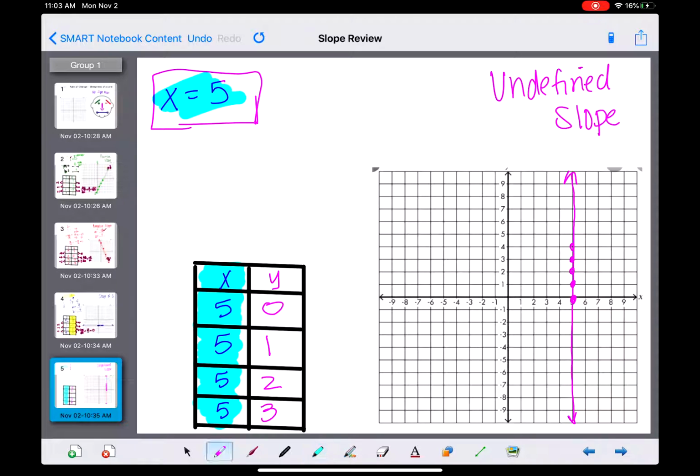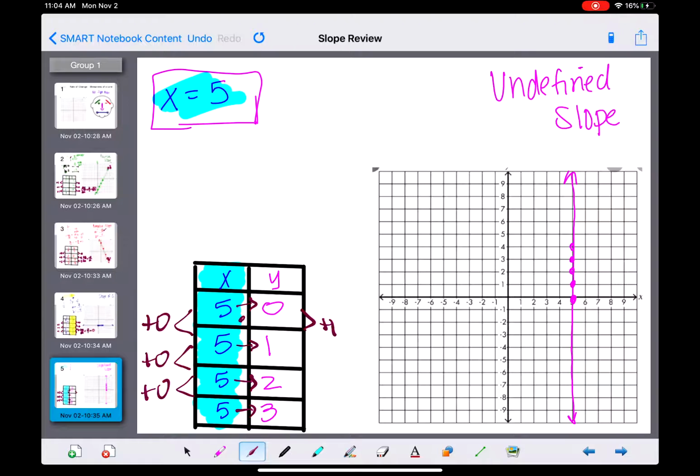This is not a function. It is not a function because x repeats and has multiple outputs. If we look at it as a line trying to find a constant rate of change, the x values never increase. So there is no change in our x.